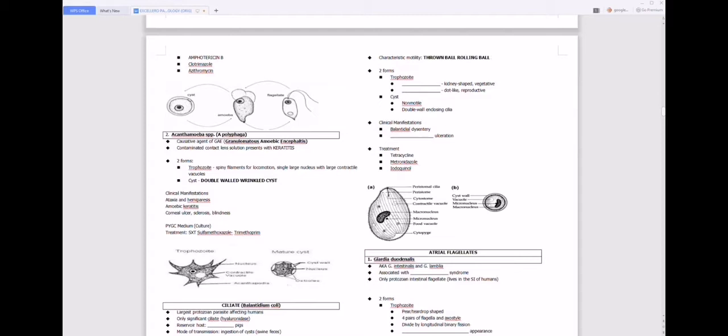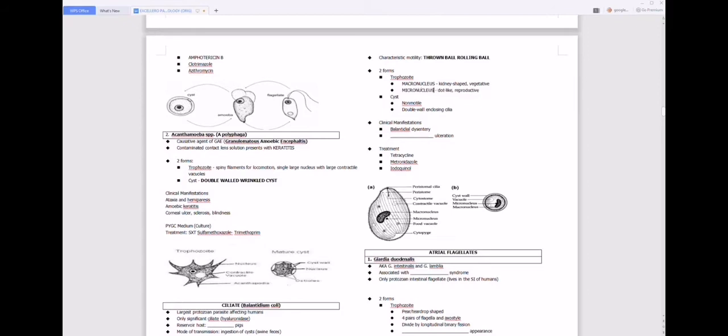Okay? So there are two forms of the Balantidium coli. So first is the trophozoid. There are also two forms of the trophozoid. So the kidney-shaped vegetative nucleus is called the macronucleus, while the dot-like reproductive nucleus is the micronucleus.